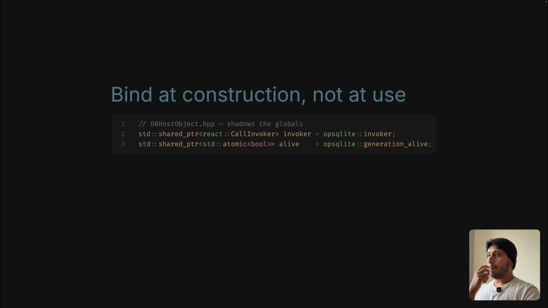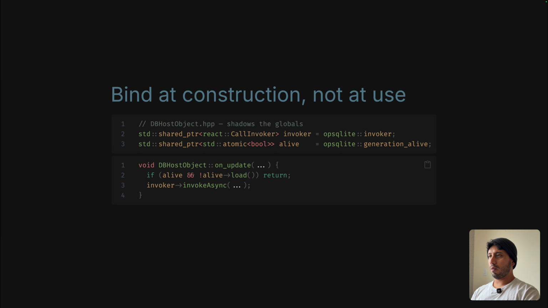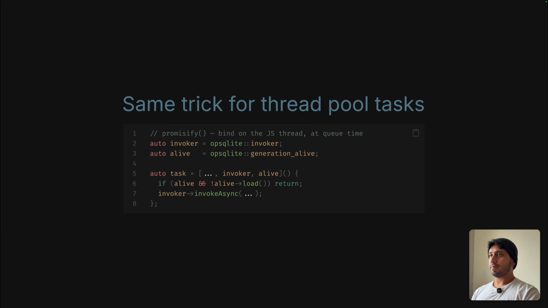So you can see we have the shared pointers, and let's say on the database object, we're doing an update. Then we check, is this generation still alive? Yes or no. If it's still alive, then we can safely invoke our callback from our C++ code into the JavaScript code, right?